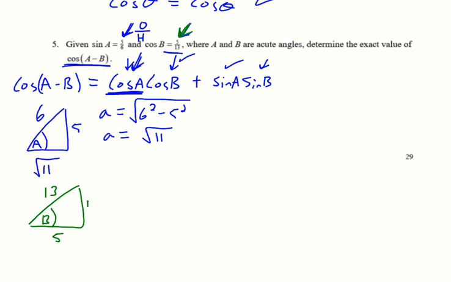If I want to find this side so that I can solve for sine B, then I'm going to have to go, B is equal to the square root of 13 squared minus 5 squared. So B ends up being 12. So this is 12.